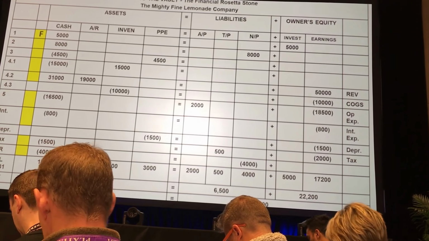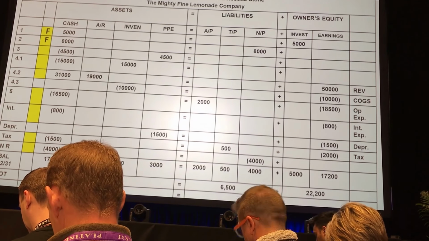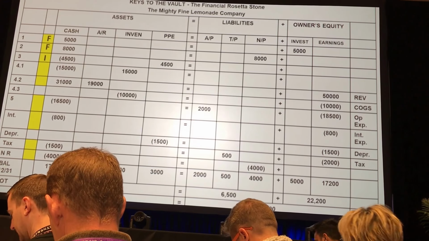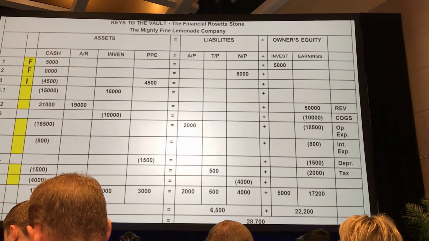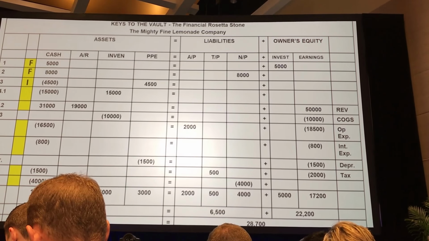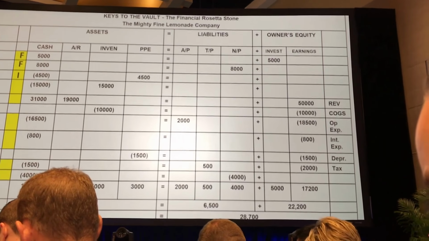The second line where we raised money from banks is F cash. That's financing cash. When we bought property, plant, and equipment, that's I cash. That's investing cash. We use some of our money to buy property, plant, and equipment. That's the definition of investing cash.